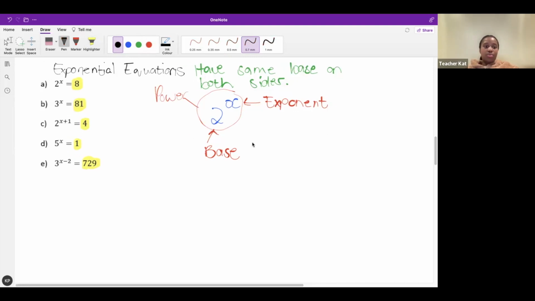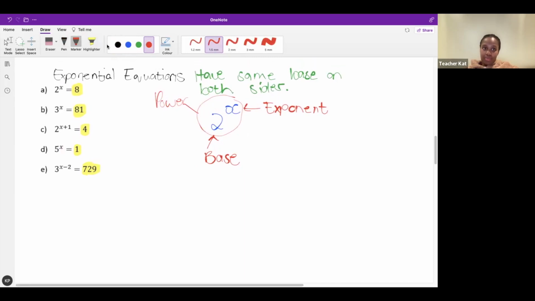All right. So when we say we want the same base, if you look here, I have 2 to the power of x on my left-hand side. So now I need to change 8 to something with the base of 2. Is it possible to do that?